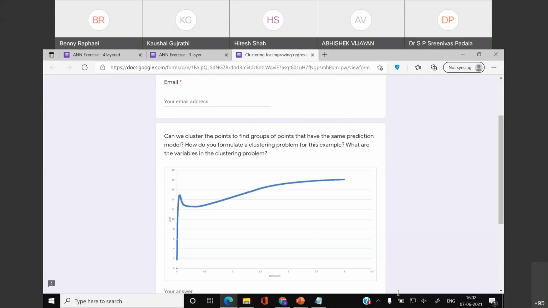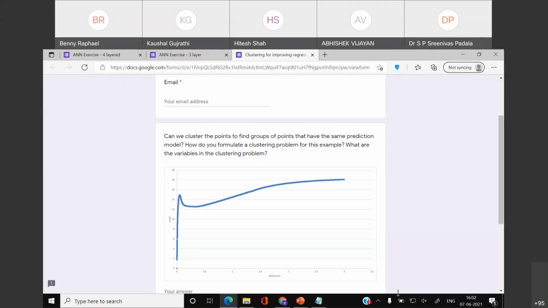Anyway, this is an unsupervised learning technique, so there's no distinction between input and output. But for this particular problem, I would say it's not a good idea to use the load, but instead we can use the slope. Because from looking at the curve, the slope is an important parameter which determines the relationship between the load and the deflection.